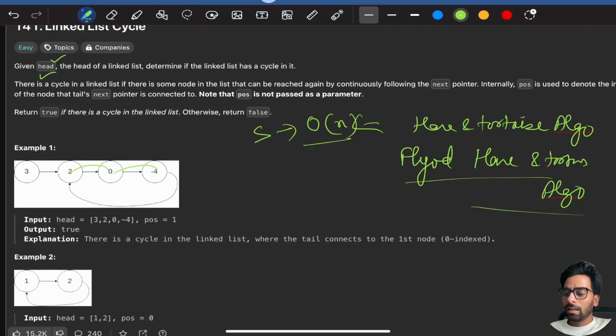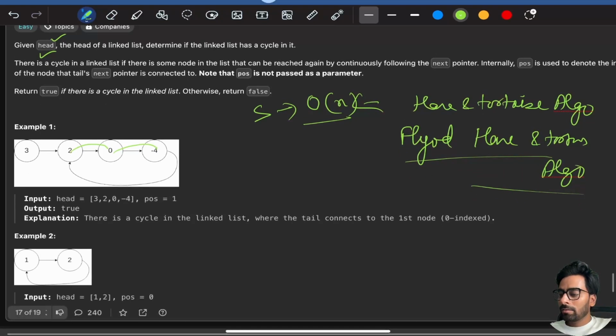It says that if there is a cycle in a linked list and we have two pointers, that's why the name is hare and tortoise. One of the pointers will be moving slowly, and one will be moving fast, double the speed of the slow pointer.